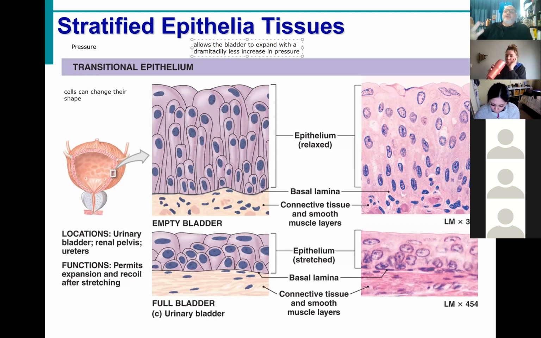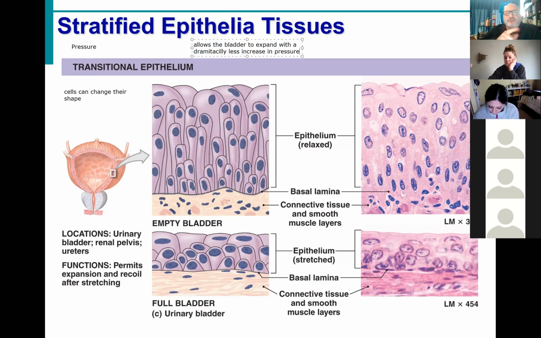Now, does urine come out of a full bladder stronger with a faster stream than it does in an empty bladder? Yes, absolutely. But for as much as it stretches, if it was just elasticity, it would be even more pressure. So this gives us much more control of the pressure of our bladder.